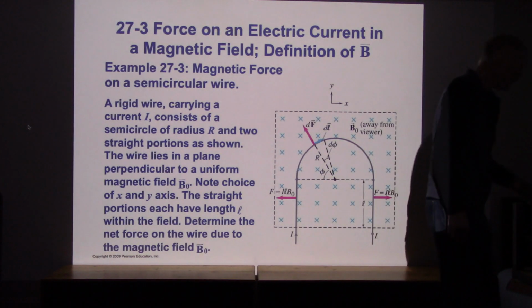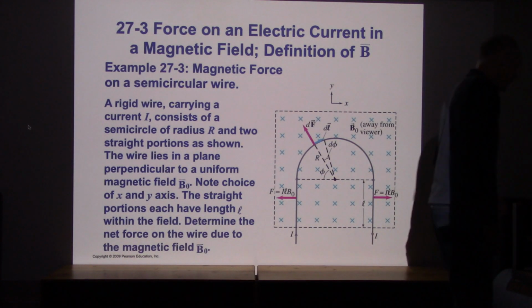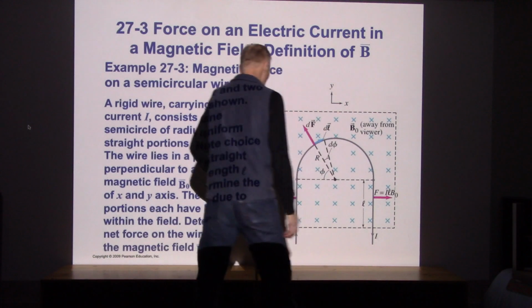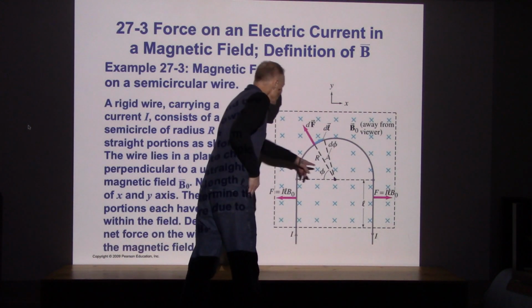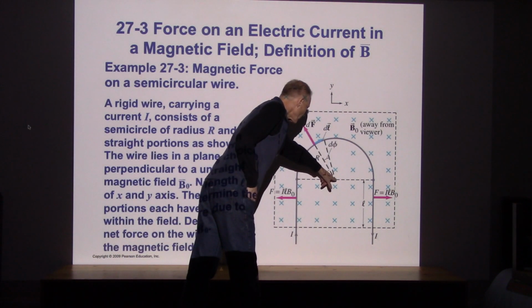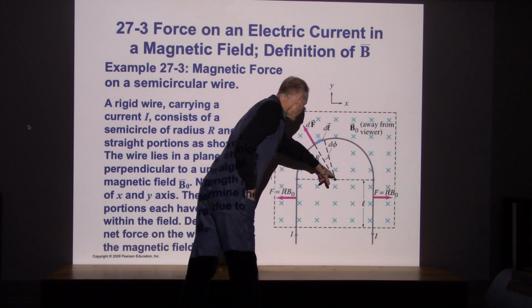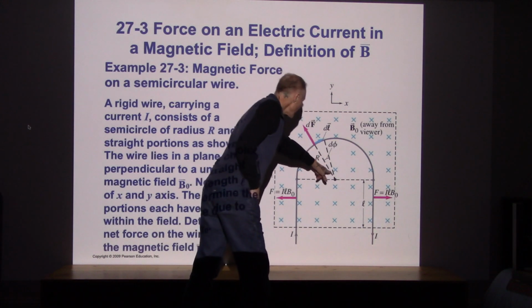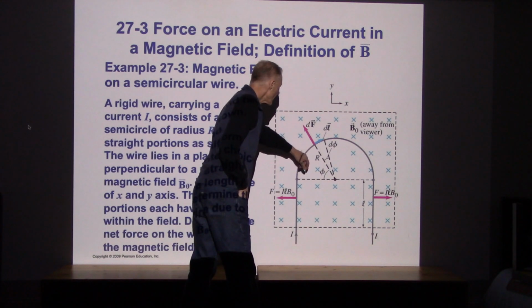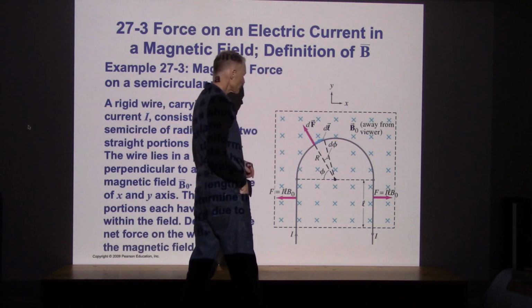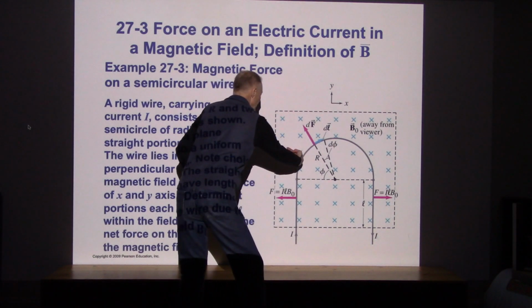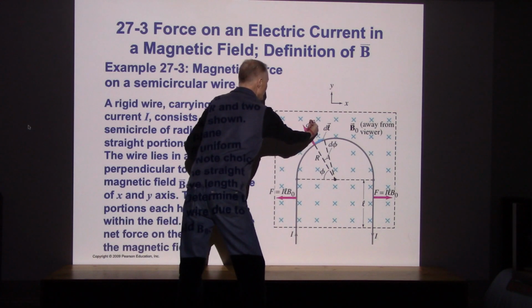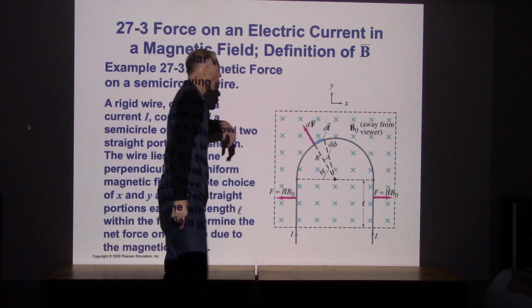But let's see what happens along the circular path, and let's see if we can get any more usefulness out of here. I've got the center of the circle, and a coordinate system defined, and they've defined the radius as big R. What they're saying is, at each point here I'm going to have to define an infinitesimal force.